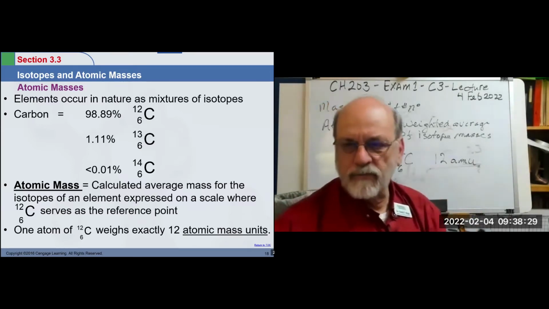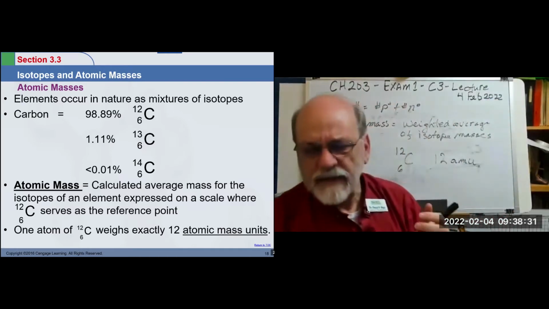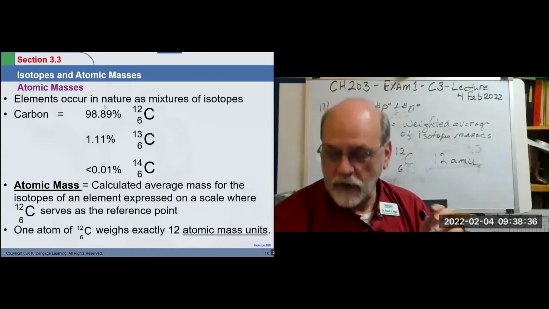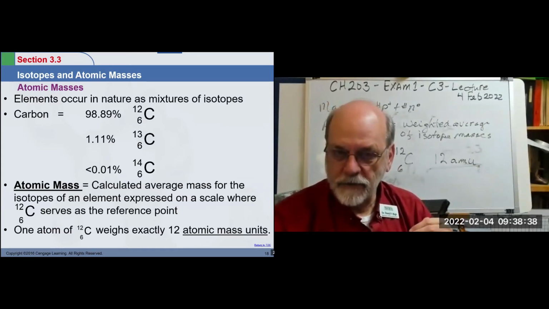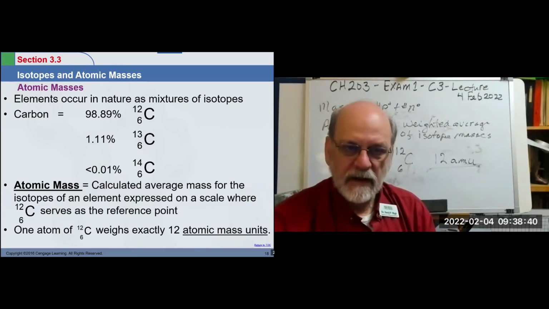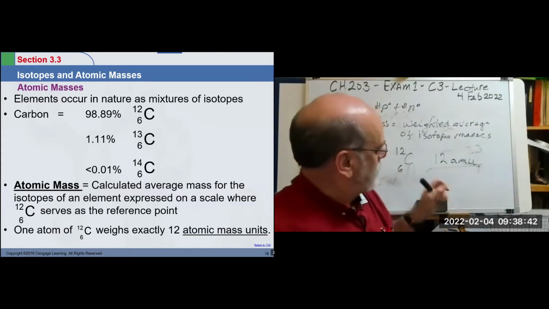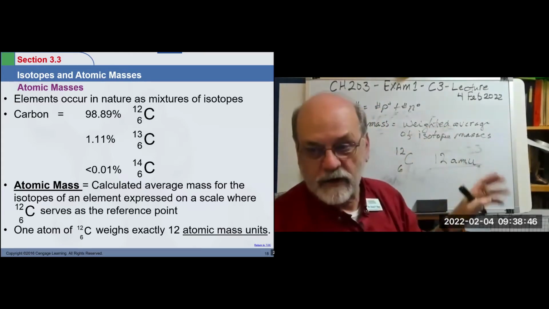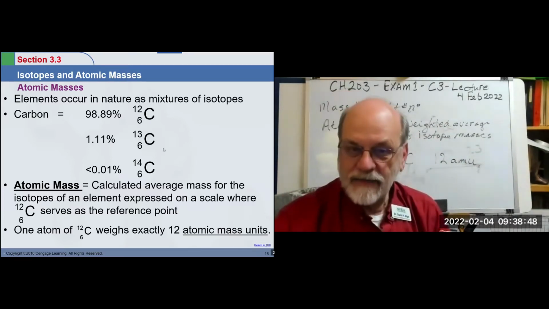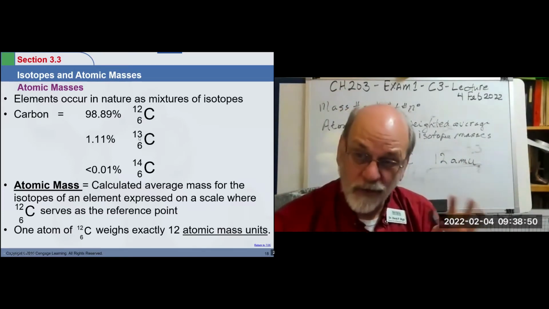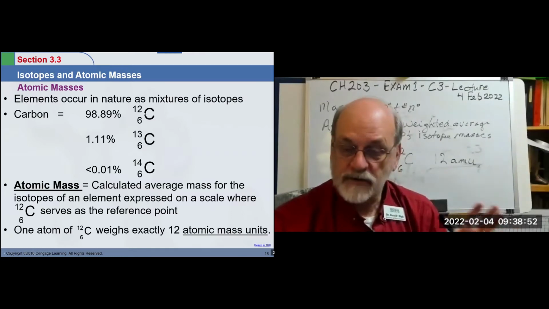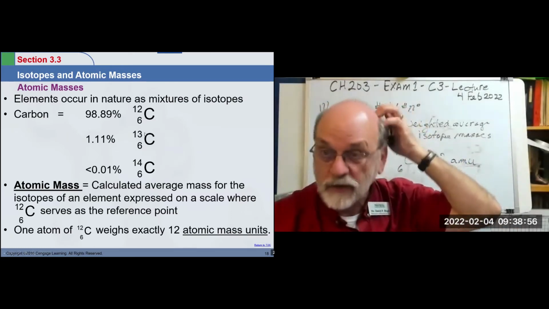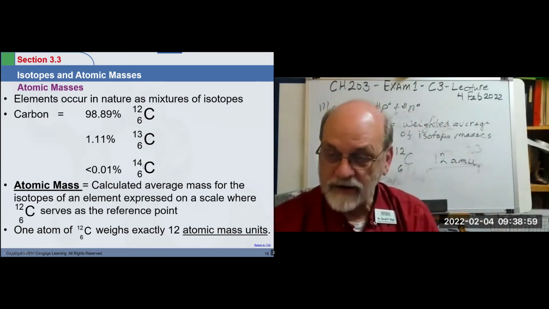So the reason I brought that up was that we're using this example of carbon and its three most common isotopes to use this definition, weighted average. And this carbon 13 is not really 13, because 12 is the only one that's exactly 12. So 13 is going to be a fraction in real life. 14 will be a fraction in real life.